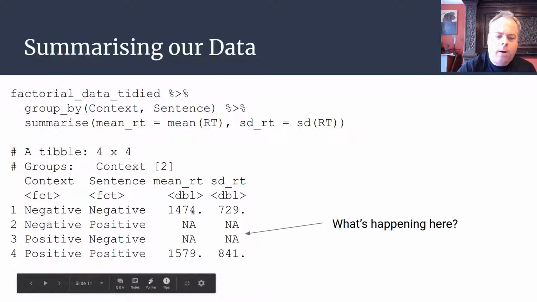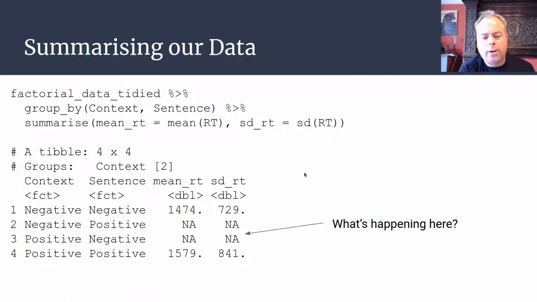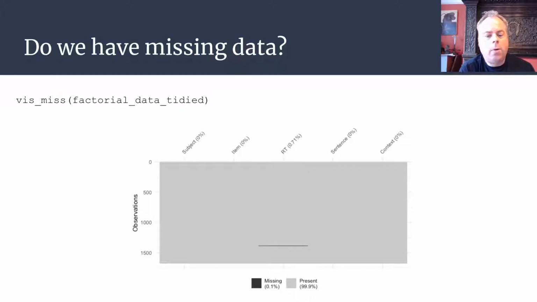So we've got our mean and standard deviation fine for the negative condition, and we've got the mean and standard deviation absolutely fine for a positive condition, but we have NA values here corresponding to missing data for our negative and positive conditions. So what's going on? Okay, so R has correctly recognized that we have got missing data.